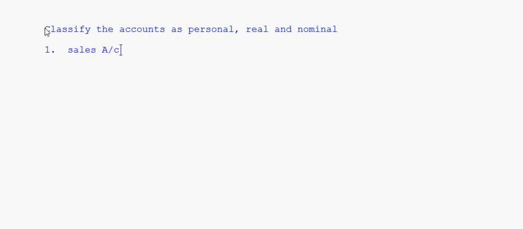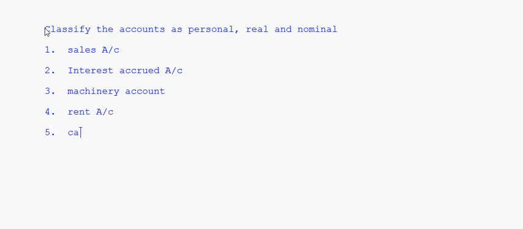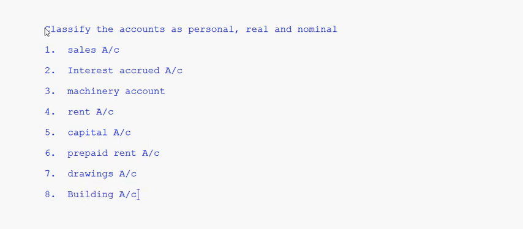The first account, let's write sales account, interest accrued account, machinery account, rent account, capital account, prepaid rent account, drawings account, building account, cash account.